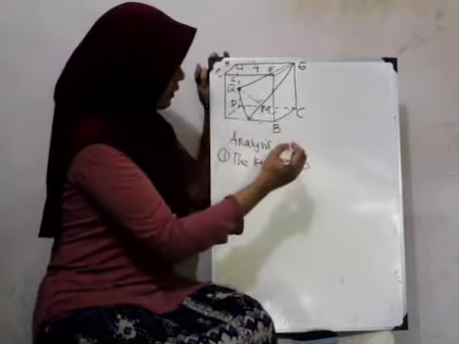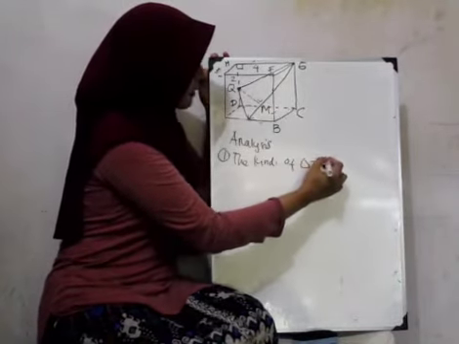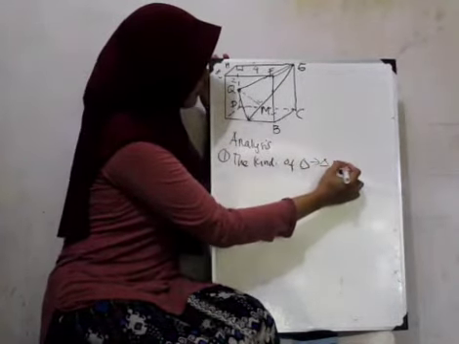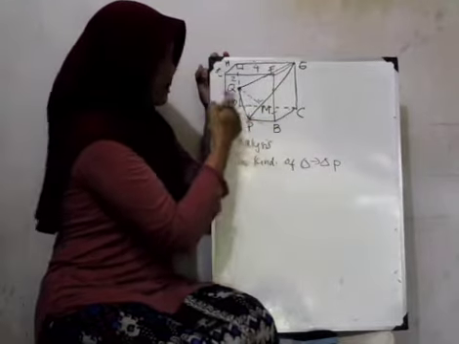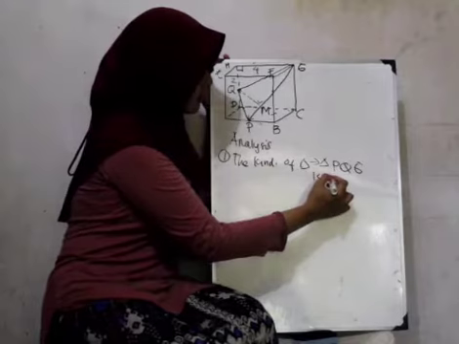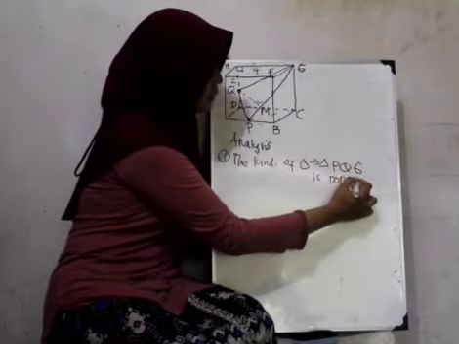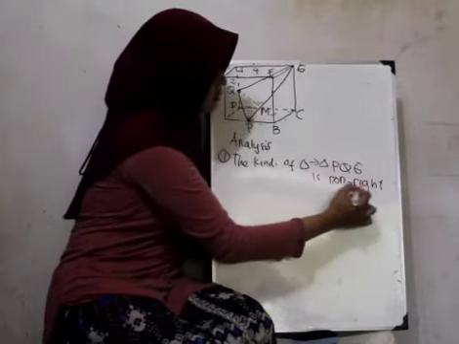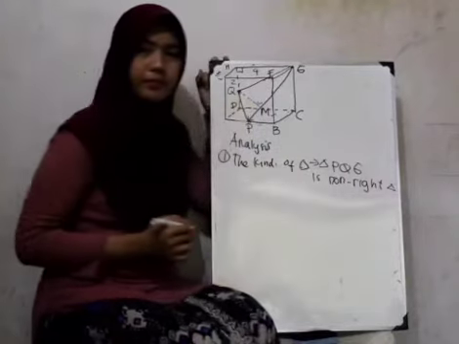So what I can write here, the triangle PQG is a non-right triangle.